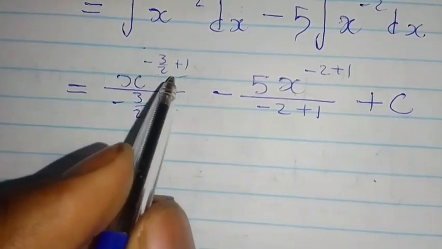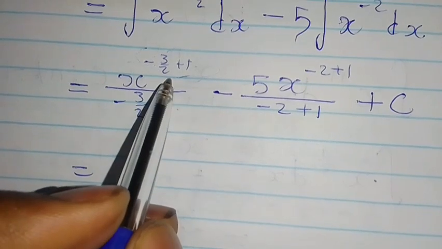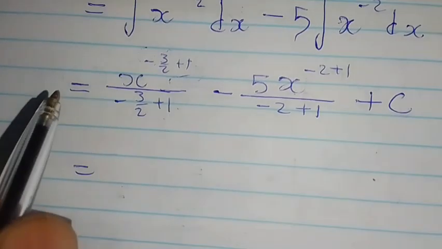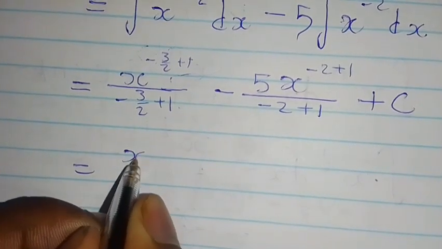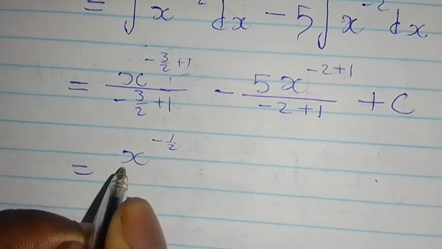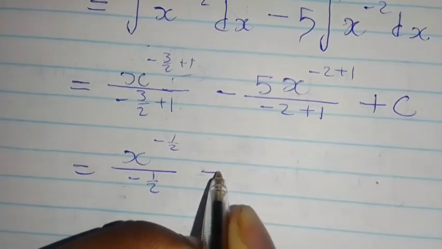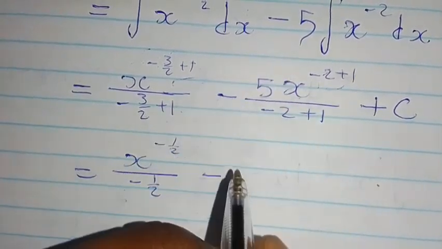Minus 3 over 2 plus 1 is the same as 1 minus 3 over 2, which is just going to be minus half. So we'll have x to the power minus half divided by minus half. Now minus 2 plus 1 is just going to be minus 1.